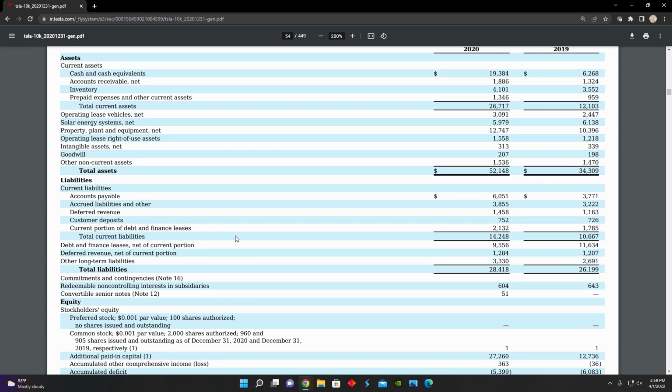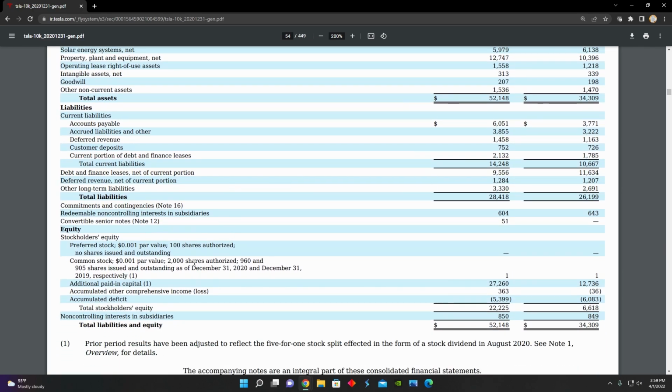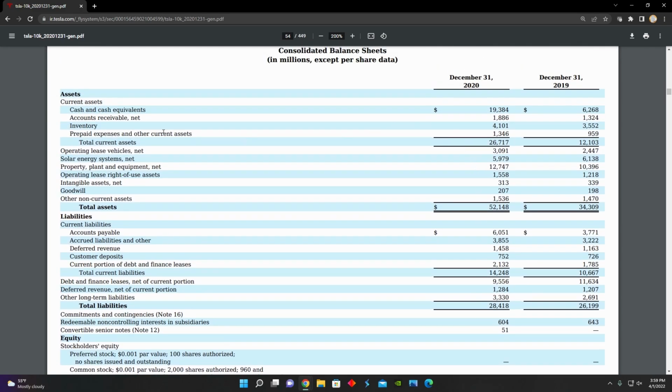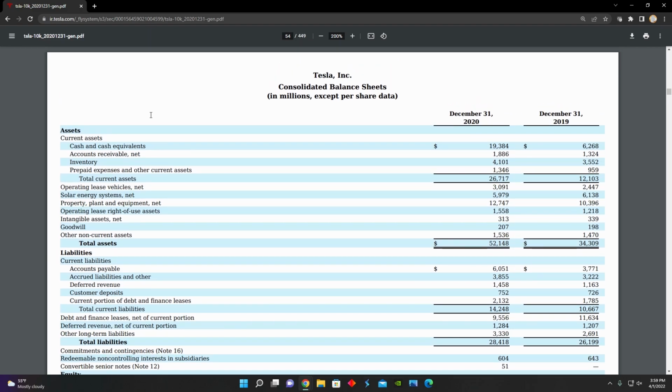Let's say, for instance, that a company raises cash by issuing stock. The accountant in Tesla's case would credit a journal entry for common stock, meaning that the common stock account would increase by a specified dollar amount. That's however much capital they raised. Then they would debit the cash account for the exact same amount of capital that was raised from issuing common stock.